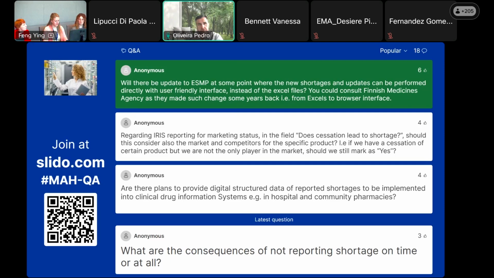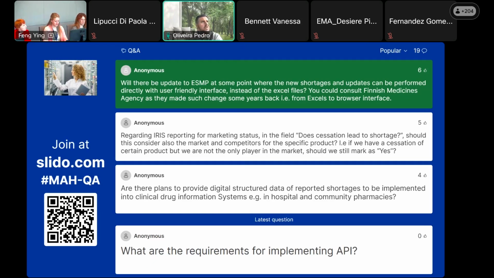And then the other point, just to add on the Excels, one of the discussions with the industry colleagues was that it will allow a simple integration with your system. So you could export the information from your systems and then work on it in Excel to format it to the format of ESMP, which we could not do on the user interface.